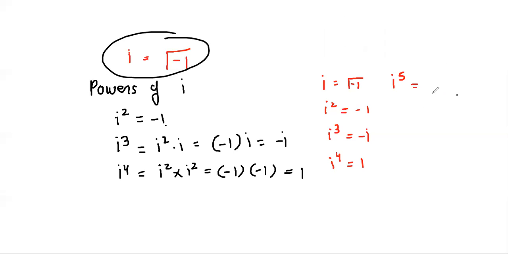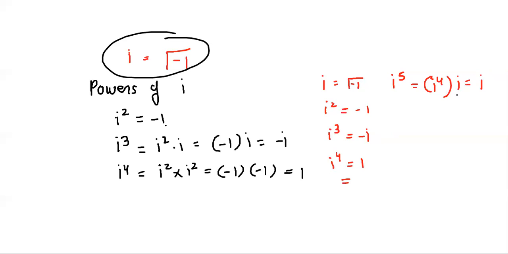After this, i raised to 5 is i raised to 4 into i. So what have I got for i raised to 4? I have got 1. So i raised to 4 is 1 into i, so I'll again get i.